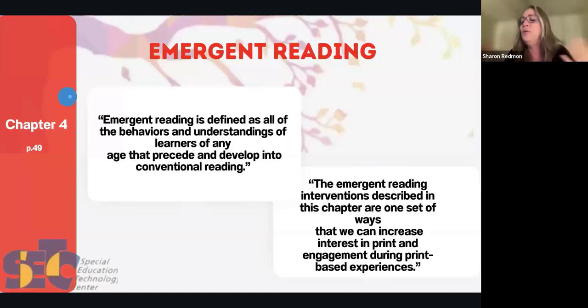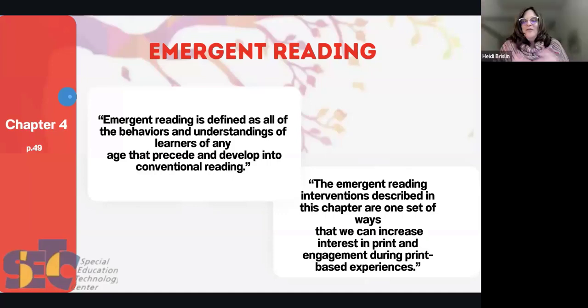And we have loads and loads of materials that have repetitive text and have these things built into those emergent reading skills. And then we get to middle school and high school and our materials kind of go away, right? So I just wanted to point out that we still need to keep doing this even at the middle and high school level.